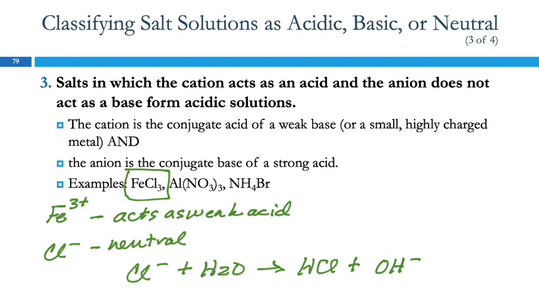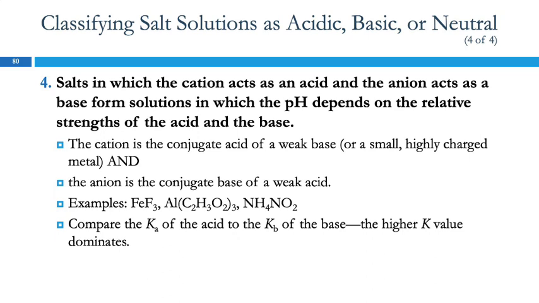And then we have the last possibility, where you've got a cation that's acting as an acid, and you have an anion that's acting as a base. So one's making the solution more acidic, one's making the solution more basic. So overall, what's the solution going to be? It depends on who's stronger.